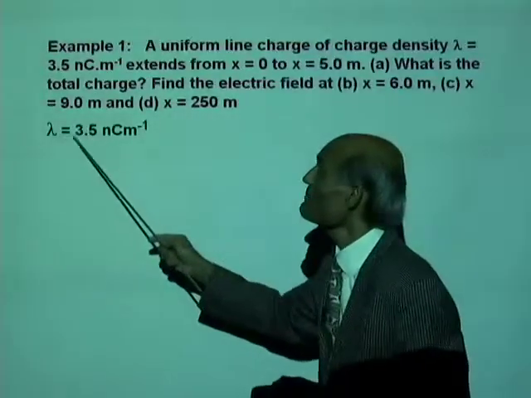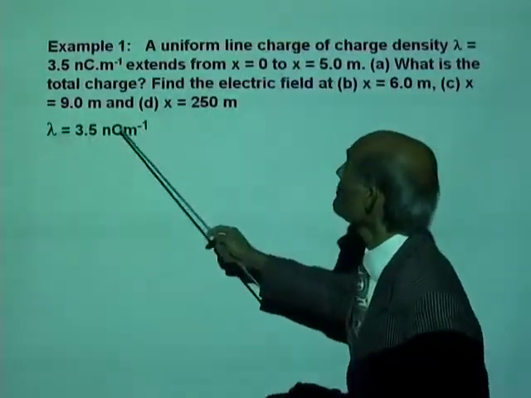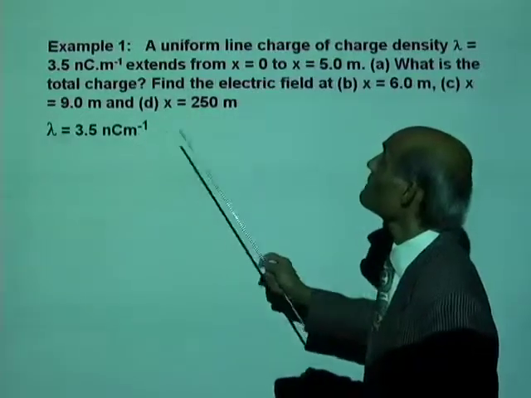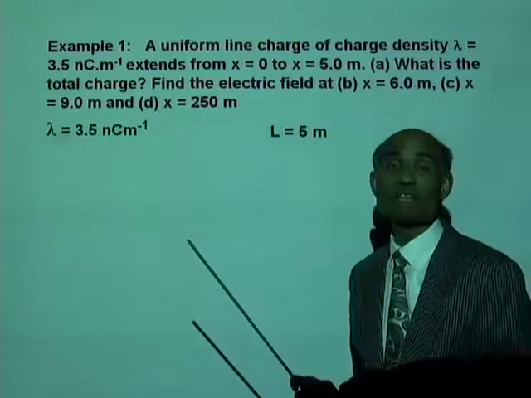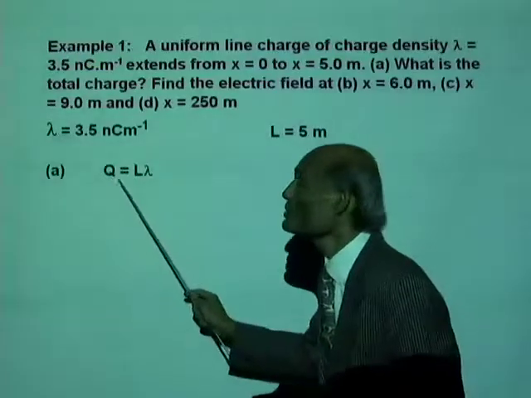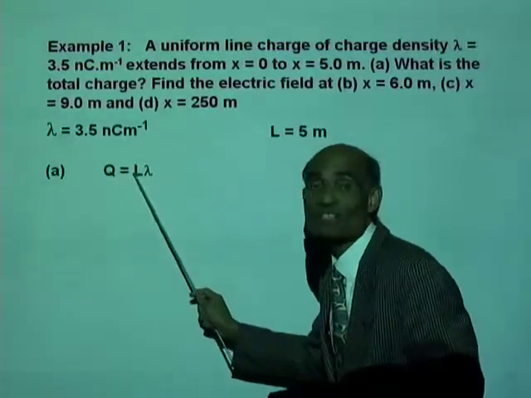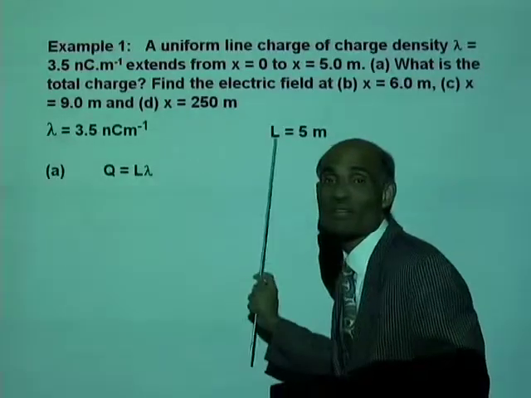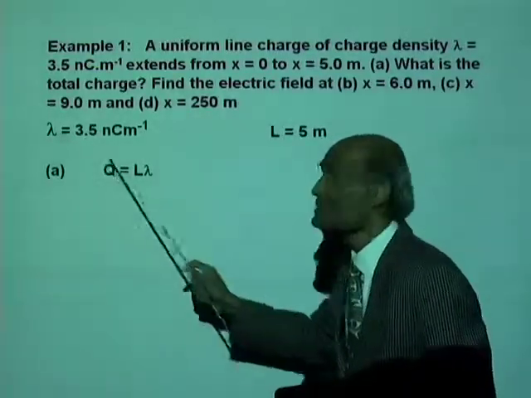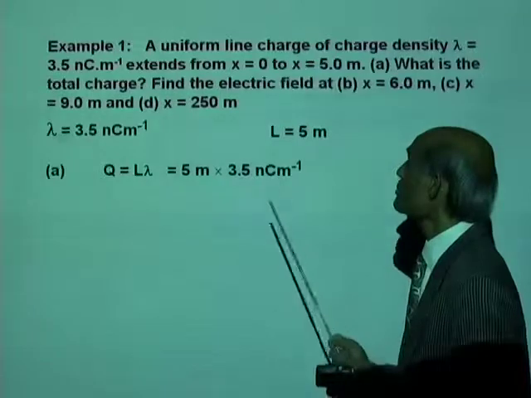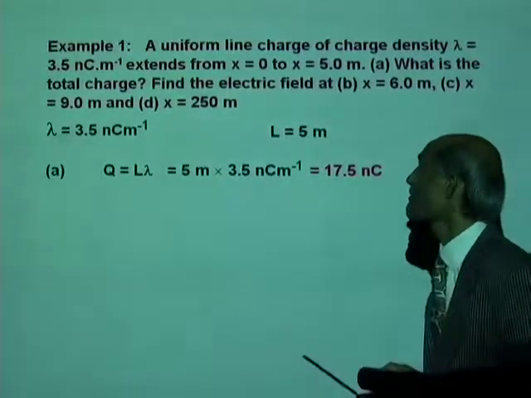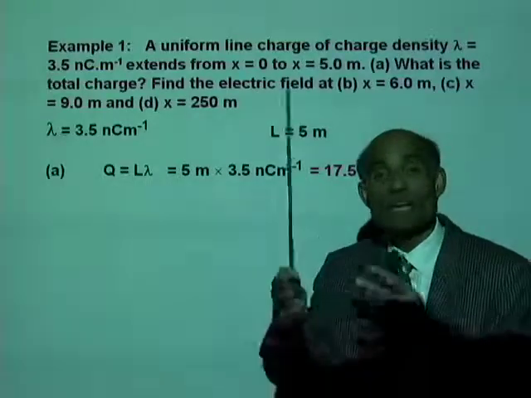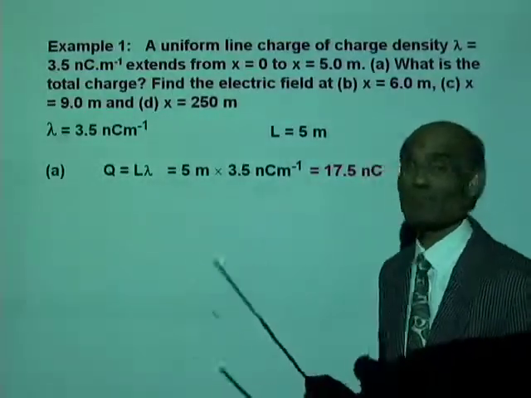We have lambda equal to 3.5 nanocoulomb per meter and the length equal to 5 meter. Therefore, Q, the total charge on it, is L times lambda, which is 5 meter times 3.5 nanocoulomb per meter, and that is 17.5 nanocoulomb.